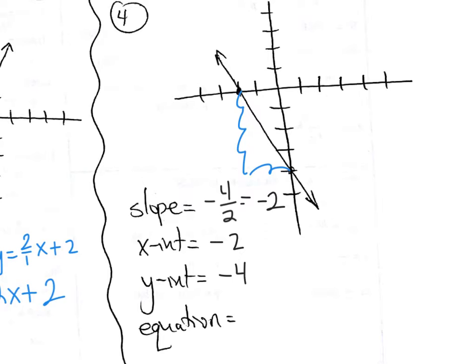The line crosses the x-axis at -2 and the y-axis at -4. For our equation, using slope-intercept form, we have y equals -2x, that's our slope, minus 4, our y-intercept.